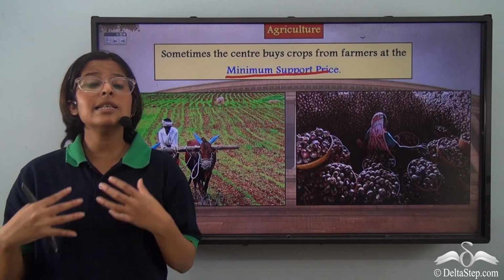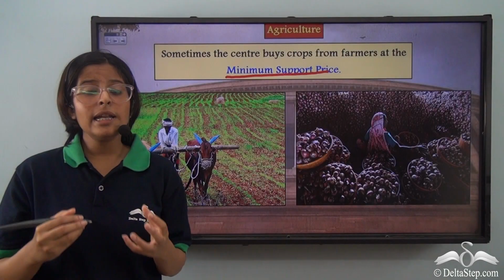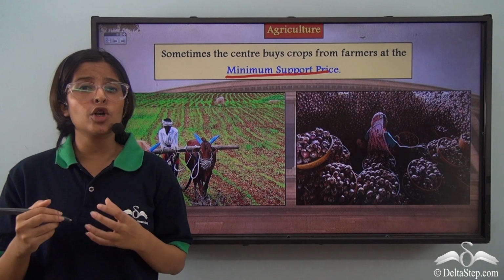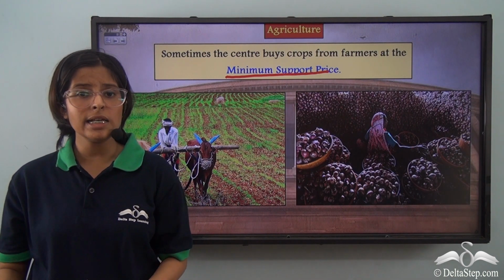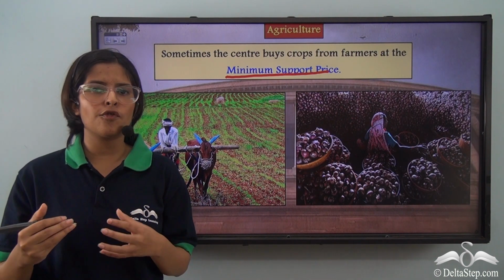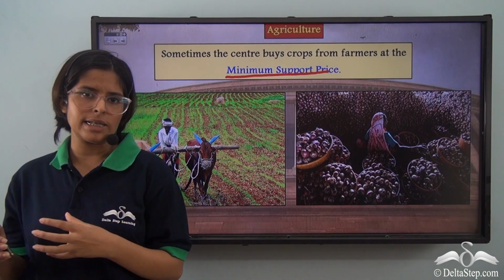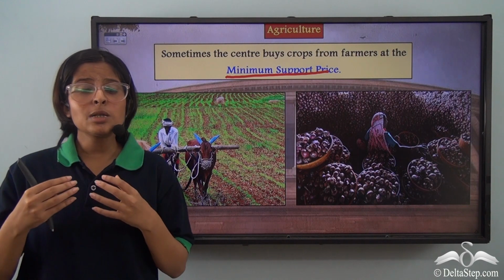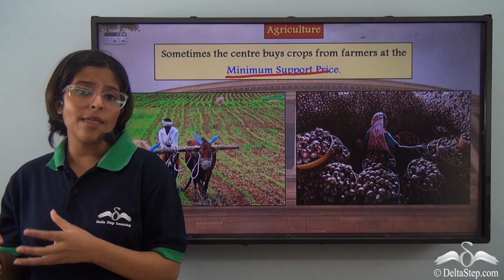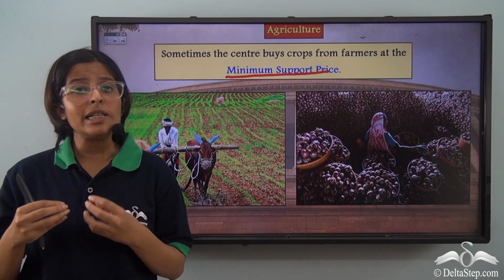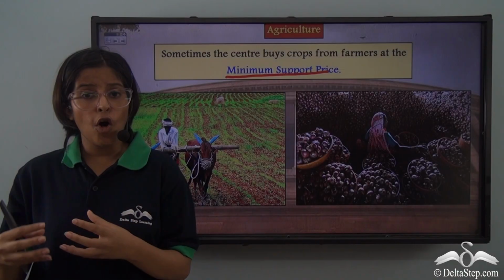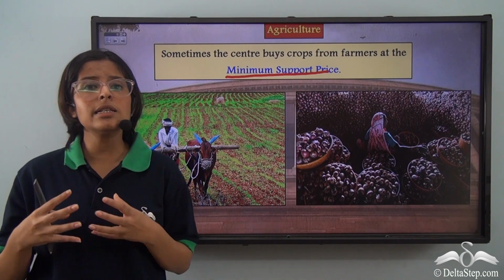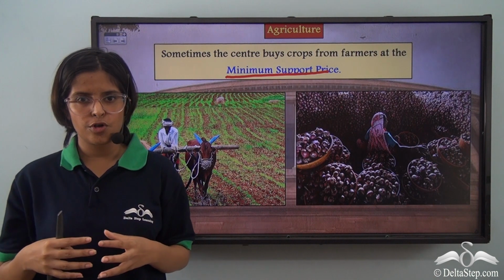This acts as a safety guarantee and it ensures that even if the crop prices fall suddenly, the farmers can sell off their crops at a proper price. Now, if we consider all of this, then these provisions under the central and the concurrent list have legal justifications for the central intervention in the state matters of agriculture.